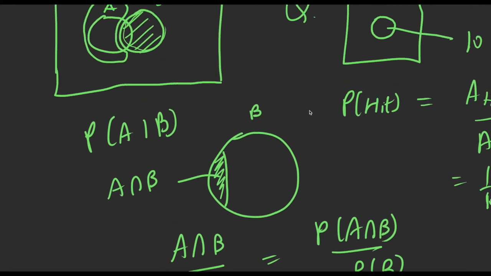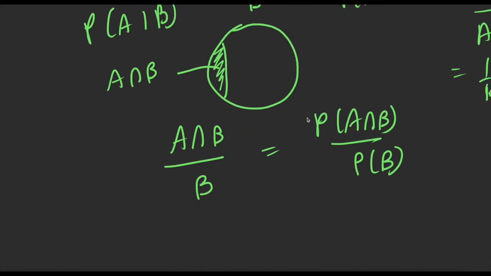This is to ease things a little bit, but eventually both are the same thing, because we can divide both sides by the total universal set. The number of outcomes of B divided by the elements in the universal set is the probability of B, or we can divide by the area of the universal set, which is basically the same thing.